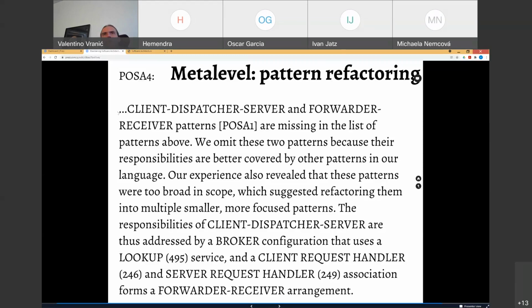This quote demonstrates the uncertainty of what these patterns are by the authors, because there are co-authors, highly experienced authors, Buschmann and others, and it's not their weakness.